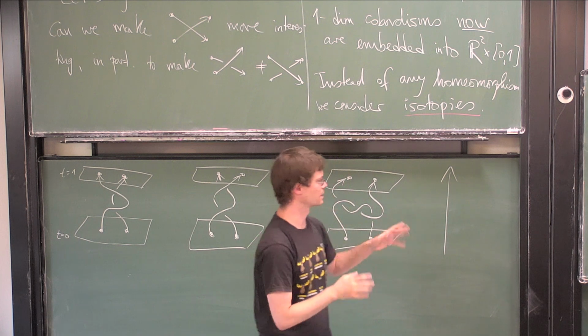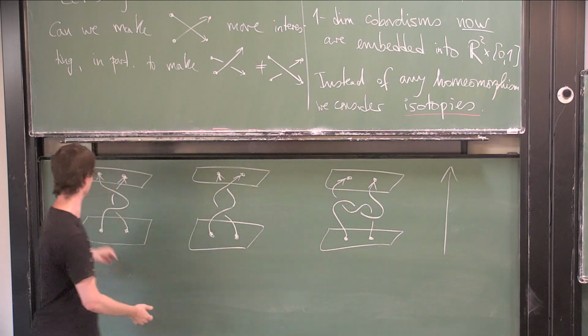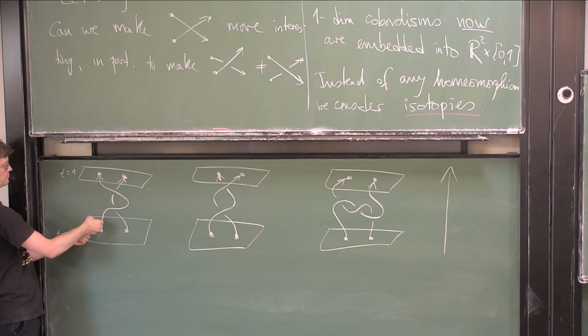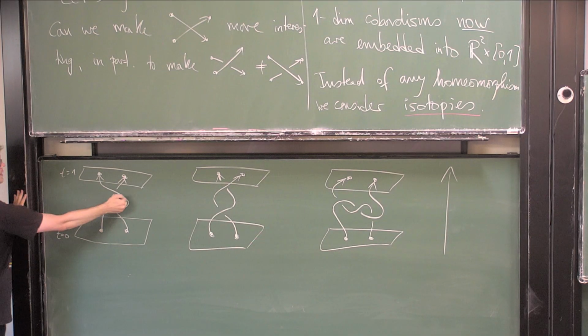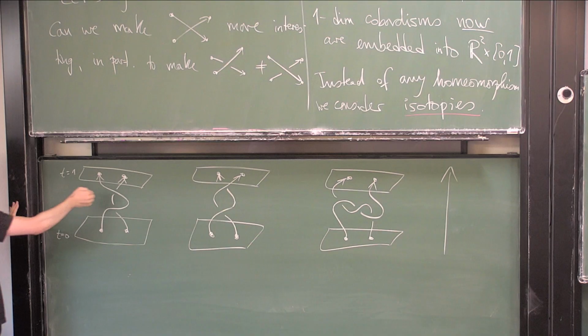This seems maybe a bit abstract, but what it really means is you have these strings. Before it was edges, but now it's really a string. You take the string, you can just wiggle it around. You start from the identity, and then you can move these things around.